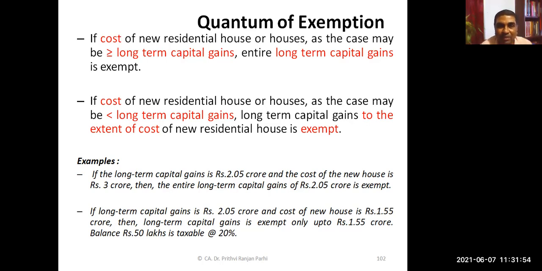But in case the cost of the new residential house is less than the long-term capital gain, say the gain is 50 lakh but the assessee has invested 40 lakh, then only to the extent of investment, that means only 40 lakh, will be exempt. Understood?